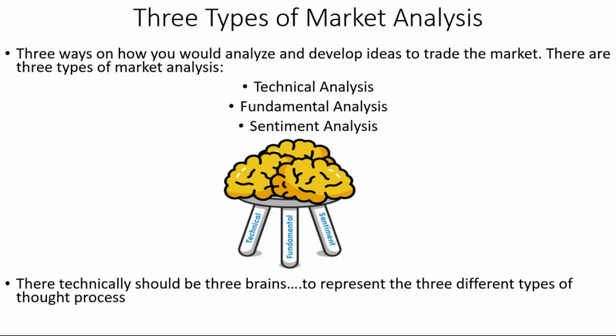Three types of market analysis. There are three ways on how you would analyze and develop ideas to trade the market. Three main market analysis. One, technical analysis. Two, fundamental analysis. Three, sentiment analysis.